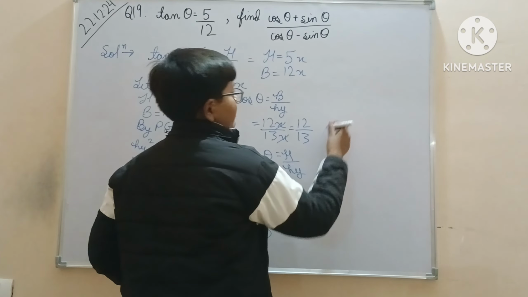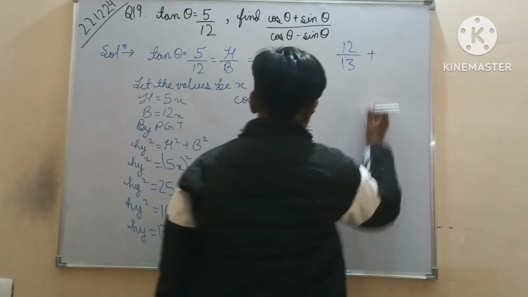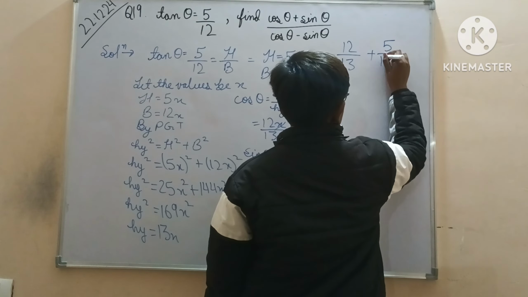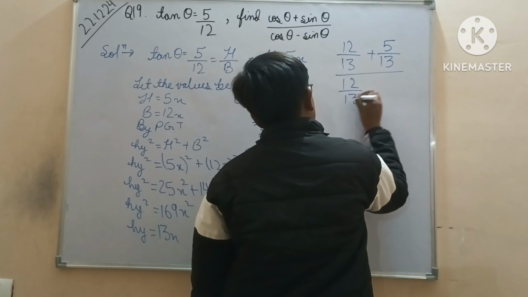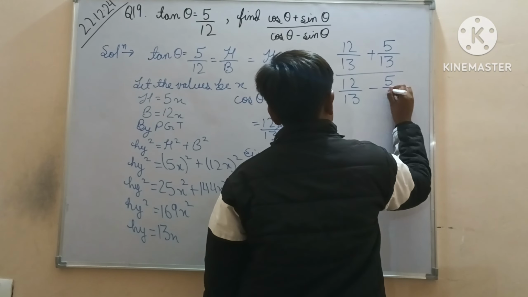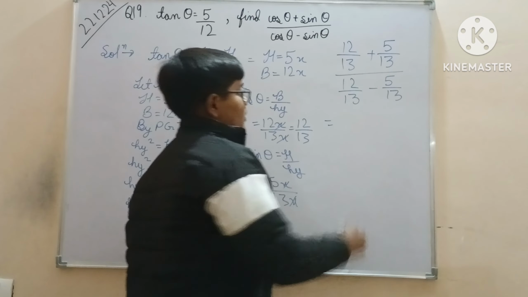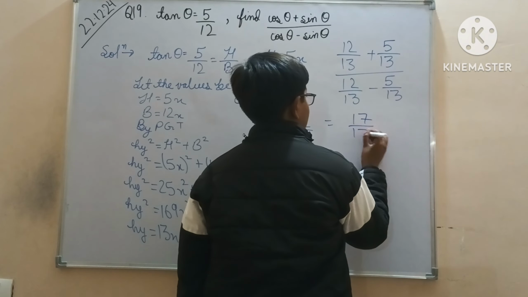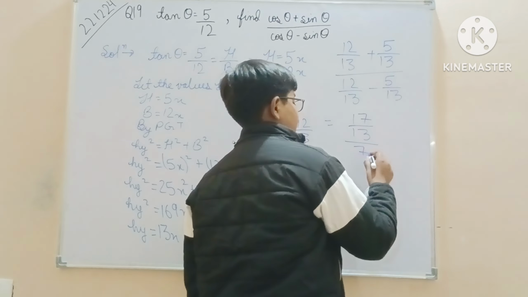Cos theta is 12 divided by 13 plus sin theta is 5 divided by 13, divided by cos theta 12 divided by 13 minus sin theta 5 divided by 13. So now 12 plus 5 will become 17 divided by 13 and 12 minus 5 will become 7 divided by 13.